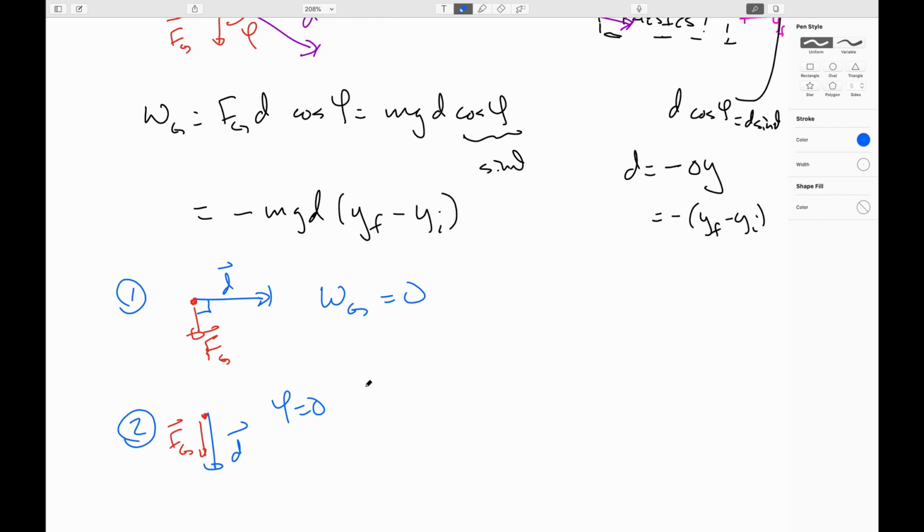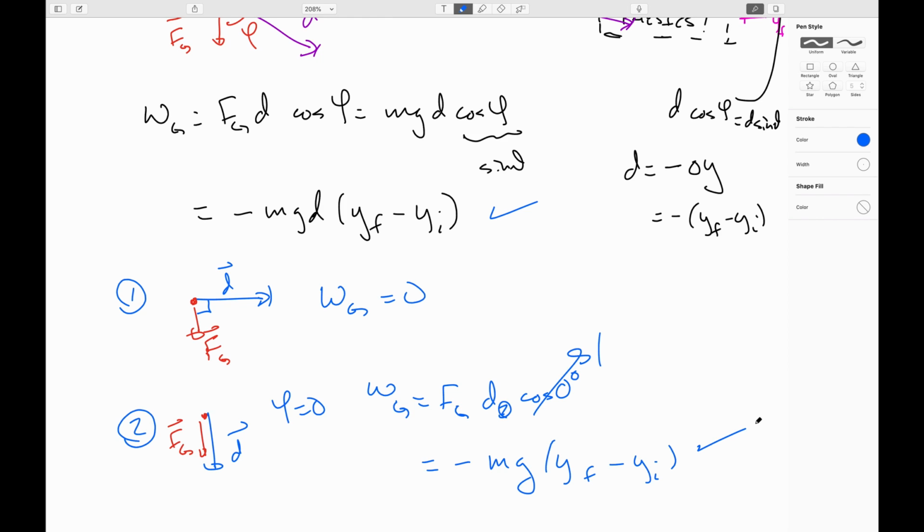So the work done by gravity along this leg will be the force of gravity times the displacement along this leg 2 here, times the cosine of 0, which is 1. Alrighty. That d is this negative y final minus y initial. Force of gravity is still mg, so we get minus mg, y final minus y initial.